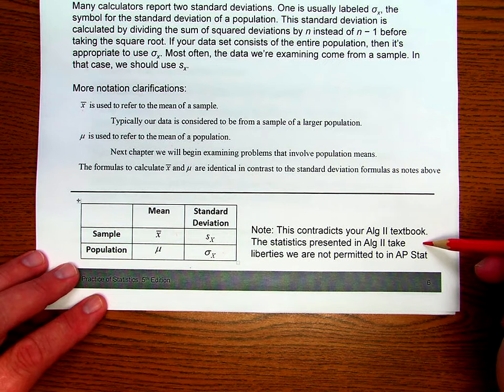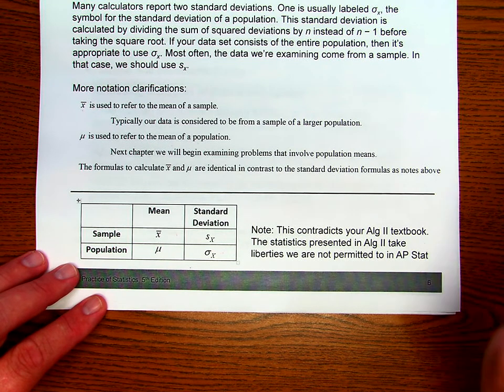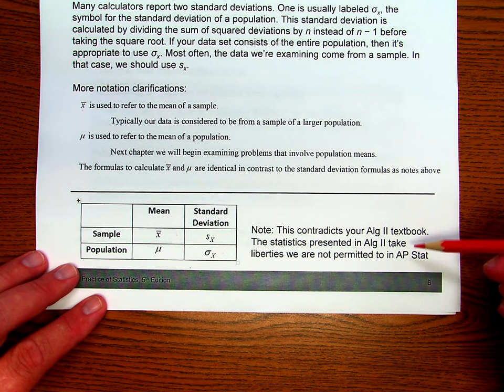What happens is when you apply the statistics to specific subjects or specific areas, like for example, those of you that are in AP Bio or already took AP Bio, you might find some differences in the way things are explained and dealt with. So there are some modifications and liberties you can take when you start applying it to certain fields. As far as comparing this to what's in your Algebra 2 textbook, your Algebra 2 textbook takes some liberties that we can't take in here.